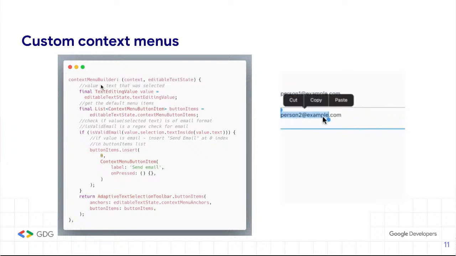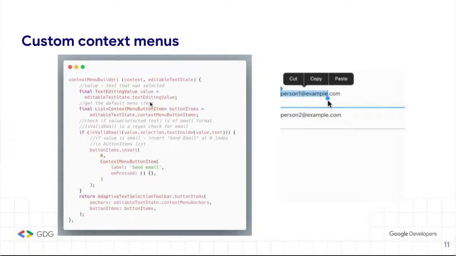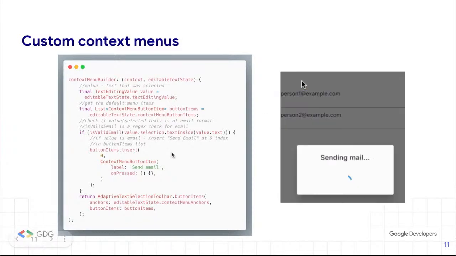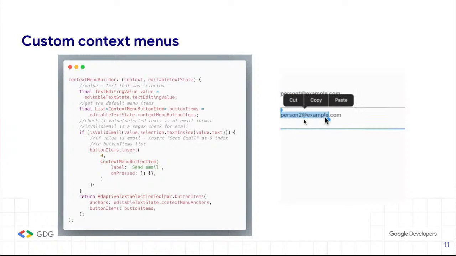Now, in this context menu builder, first of all, we are going to take the selected text. We are going to perform a regex operation on it and check if it is of the type email. Then if it is of the type email, we are going to add it into the button items list.